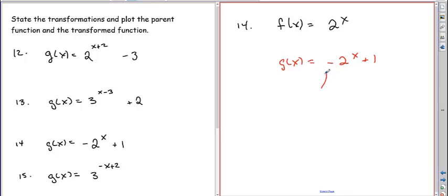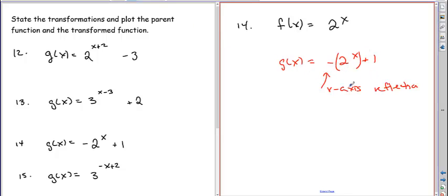We have an x-axis reflection because of the negative sign in front of the 2. Remember, we're taking the additive inverse of 2. So that gives us an x-axis reflection.